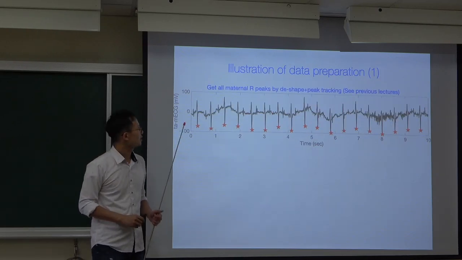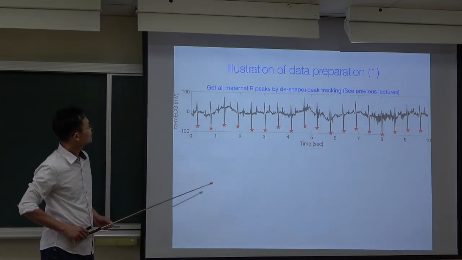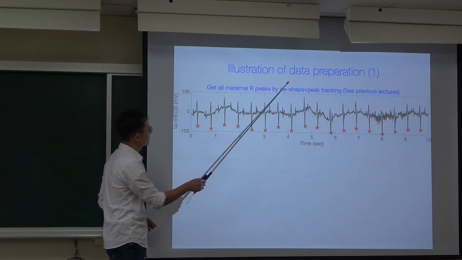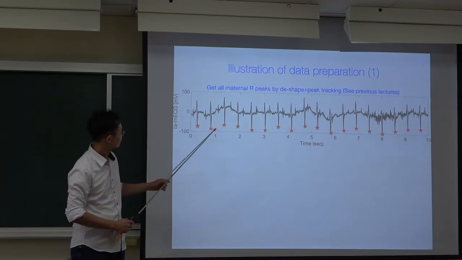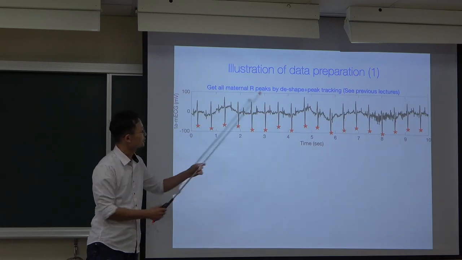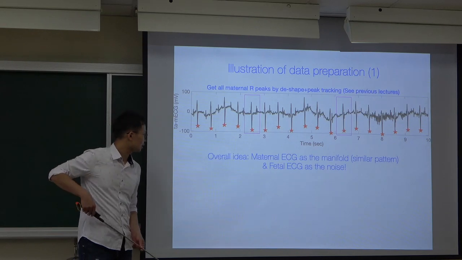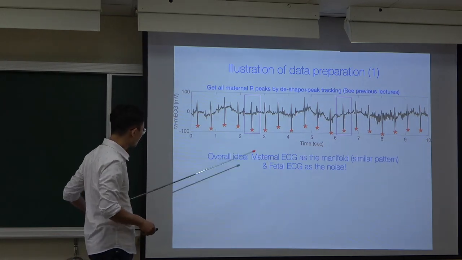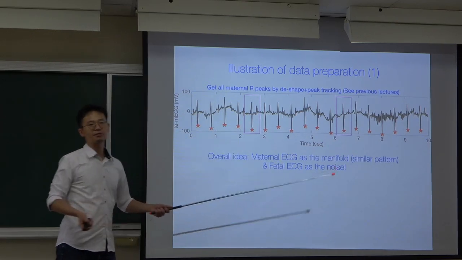And this is the illustration of data preparation. Assuming that we have applied the SHAPE algorithm and the peak tracking to get all the maternal heartbeats, suppose that has been done. Then what we want is to view the maternal ECG as a manifold.